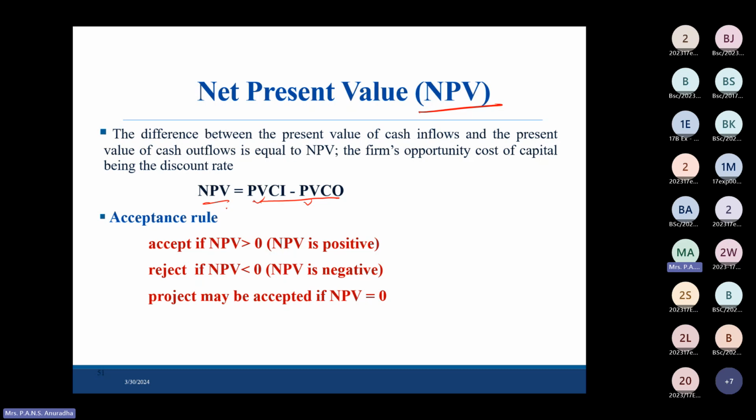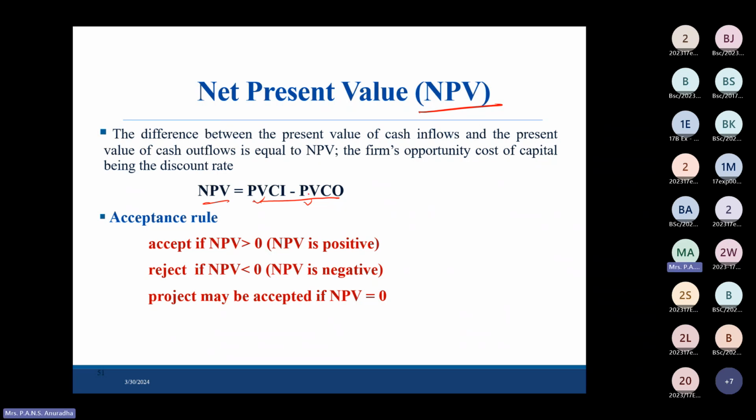So when you calculate the NPV, the answer can be positive, negative, or zero. When the present value of the cash inflow is greater than the present value of the cash outflow, your NPV will be positive.